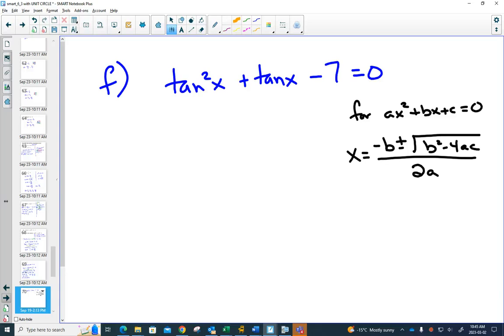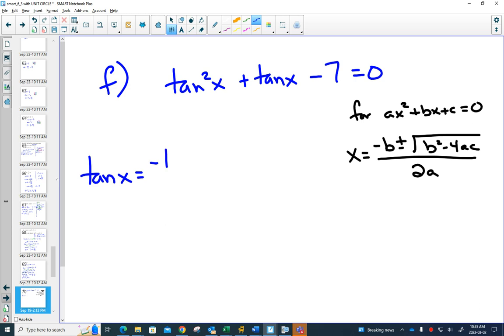Now the quadratic formula on your formula sheet says for ax squared plus bx plus c equals 0, and we don't have an x squared, we have tan squared. So the quadratic formula is usually x equals, but in our situation, it will be tan x equals negative b.